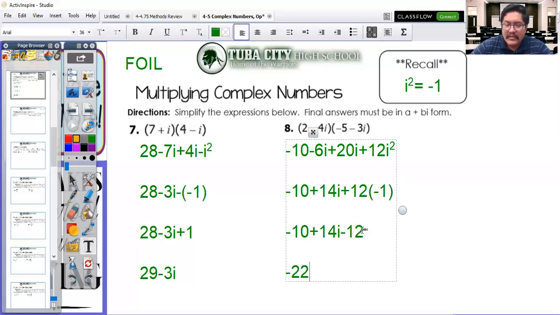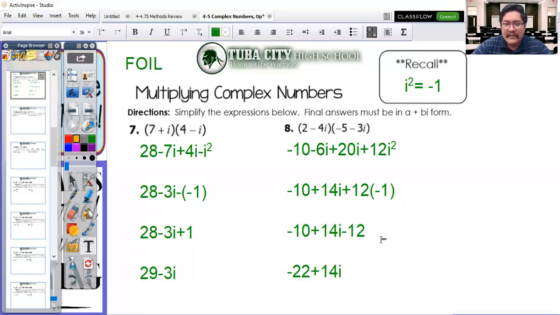So 10 and 12 would be 22, but since they're both negative, it's going to make a bigger negative number. And then here we end up with plus 14i again. That's going to be our simplified form of that complex number. All right, it looks okay. So let's get ready to move on to the next one.